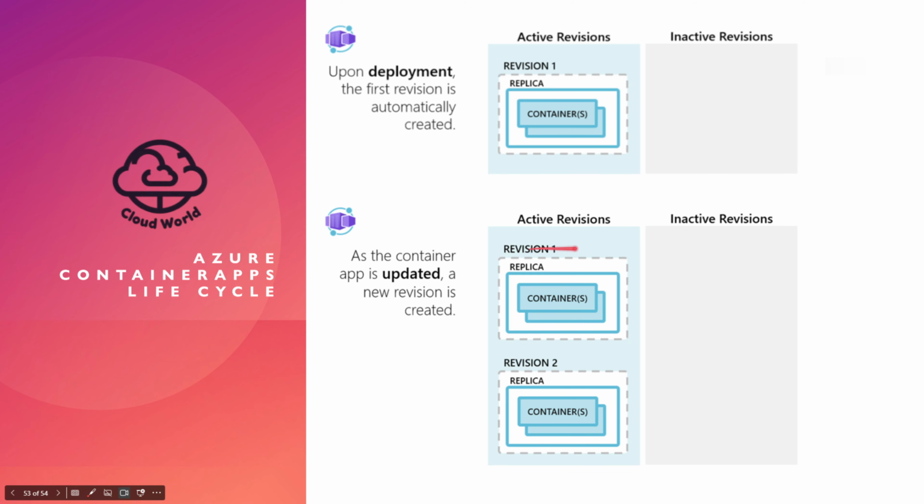As you can see, you create revision number 1, which is active, and we have revision number 2. This gives a great opportunity because we can use blue-green deployment in Azure Container Apps, since we will be able to have two different versions available at the same time, and you will be able to fine-tune the traffic between those two.